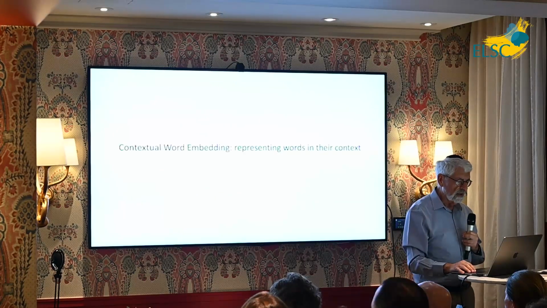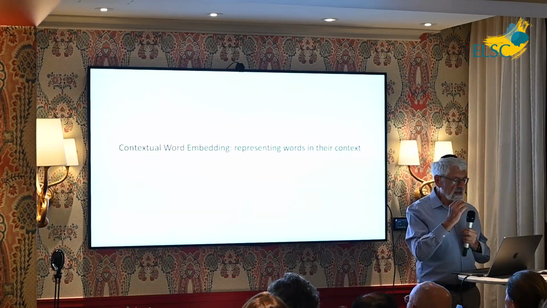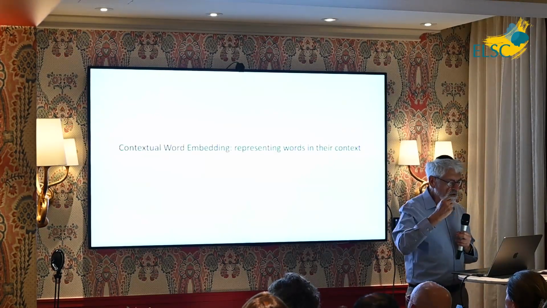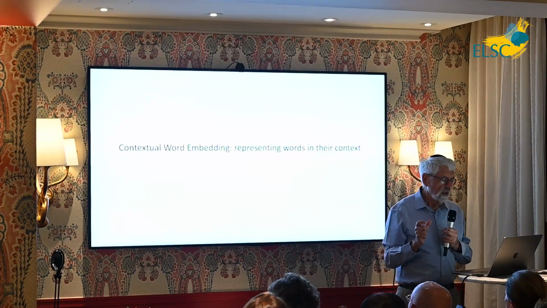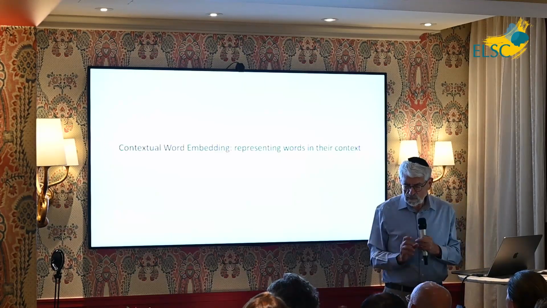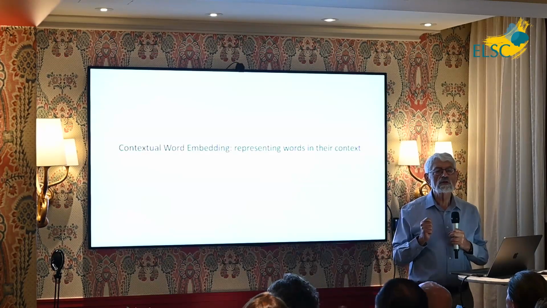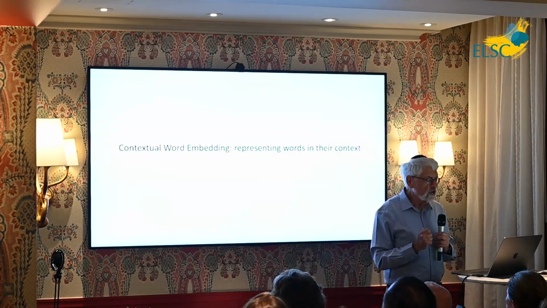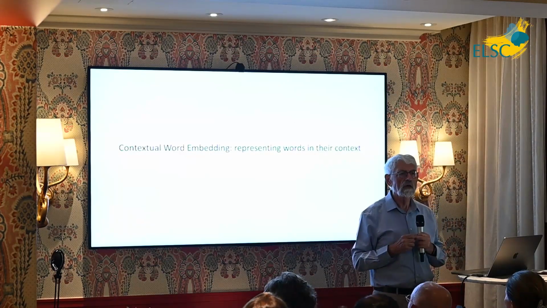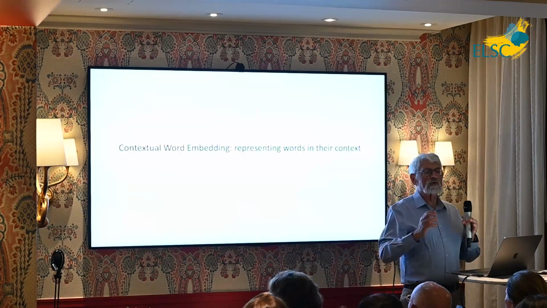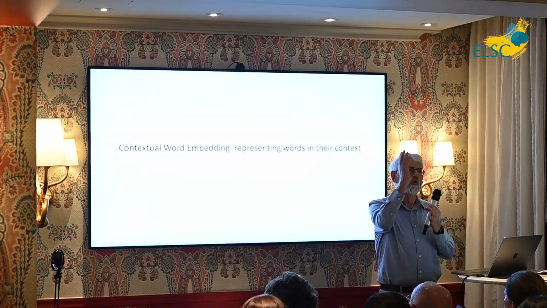Okay, what is new about the language models is that they manage to take a word, start with the representation of the word as some vector, as I discussed before, and change it into a representation that depends on the context. Let me give an example with the word bank. You can have a vector representation of the word bank, or you can have a dictionary entry for the word bank.